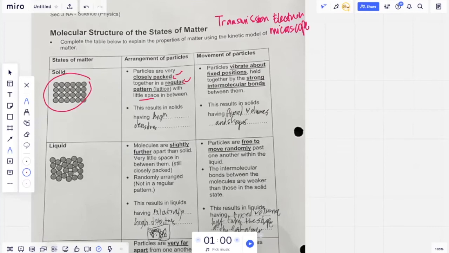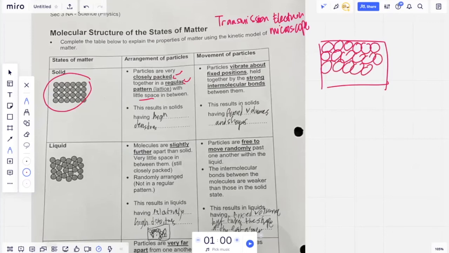Remember, just now I talked about density. High density means everything is packed very, very close together: a lot of substance, a lot of particles in a fixed volume.